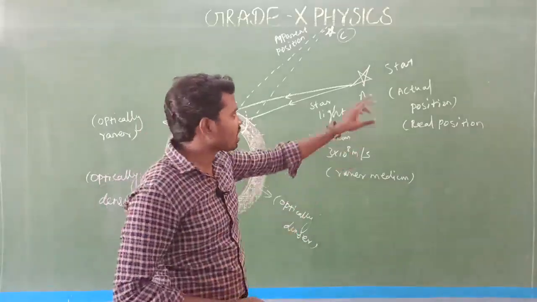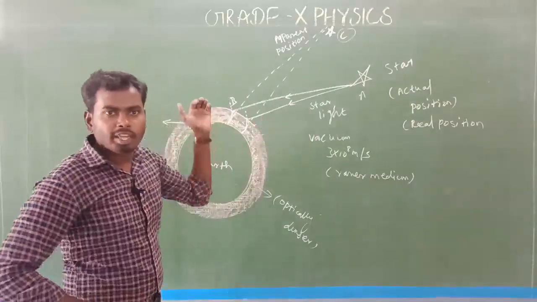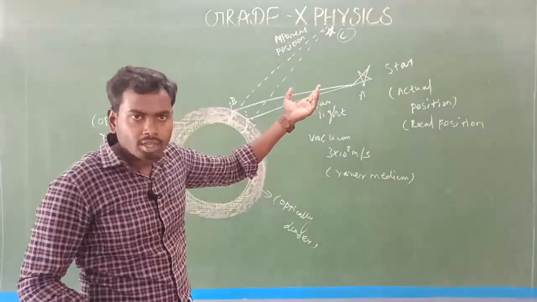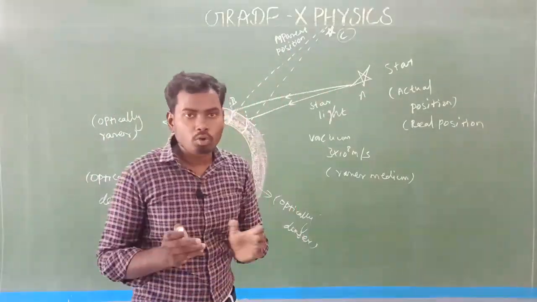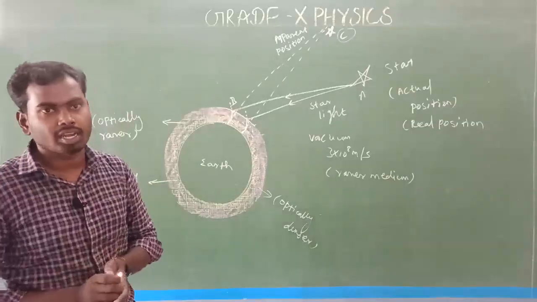Actually, the real position of the star is A, B. This one. Due to atmospheric refraction, the star position is higher than its actual position, which means original position, or otherwise we can say real position. Am I right?